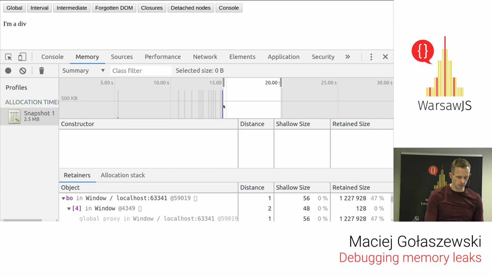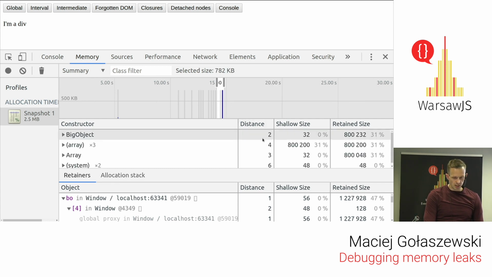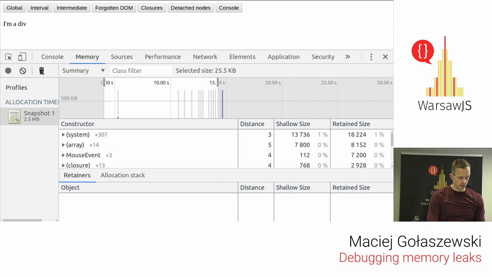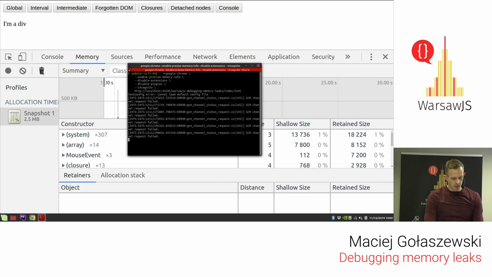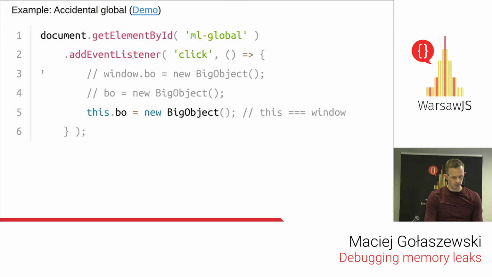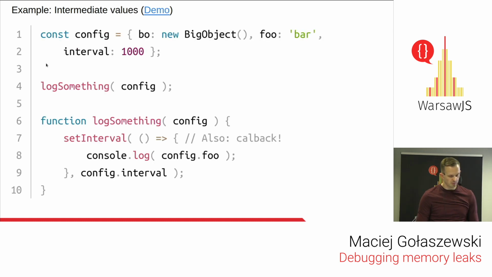I will try to use the touchpad. And you can see that this object is still occupying the memory. Let's clear this one. So this is the allocation timeline, and this was the result in this example because this object was attached to the window.